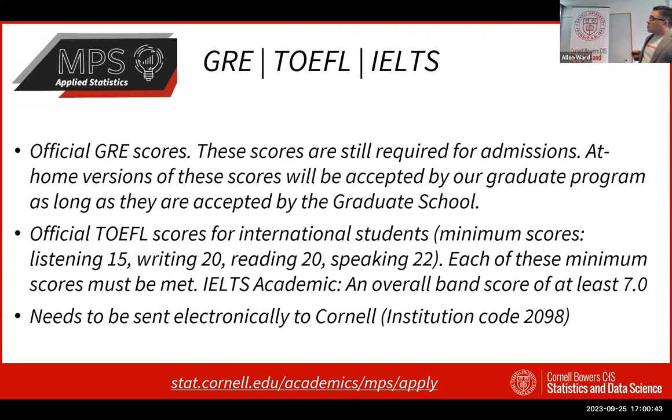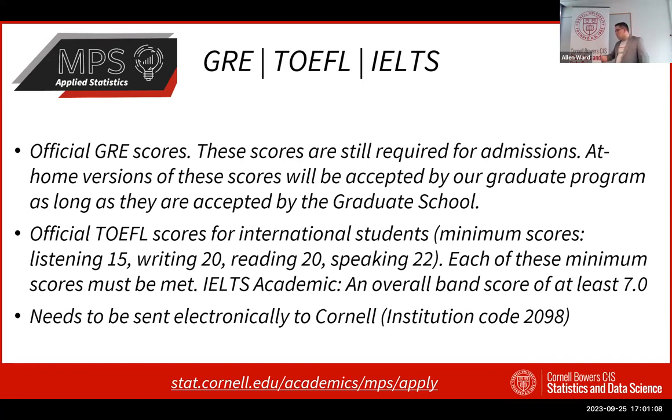That's something that the graduate school will offer. There's an at-home version for the GRE scores. We still accept that as long as the graduate school does as well. The official scores have to meet the minimum requirements that you see here. This is a graduate school standard for international students, not just a program standard. And then all this needs to be sent electronically to the graduate school using this institutional code.